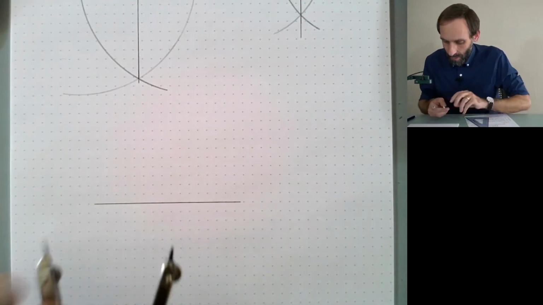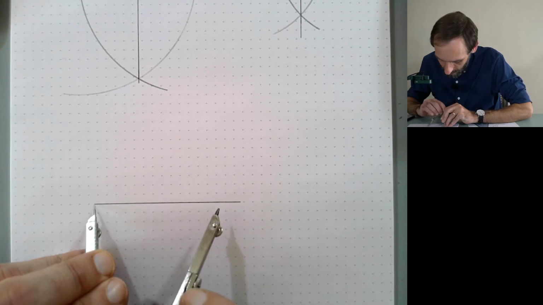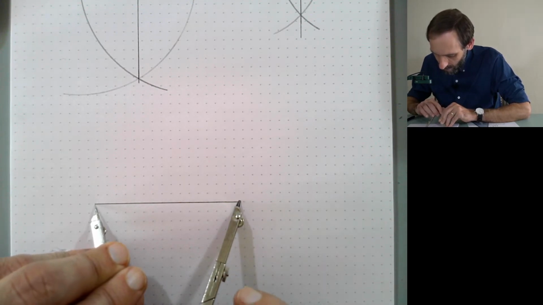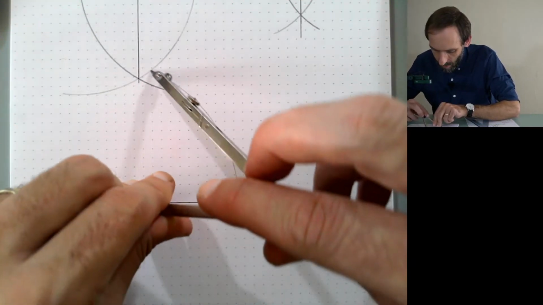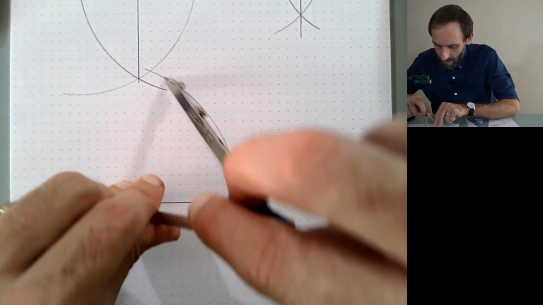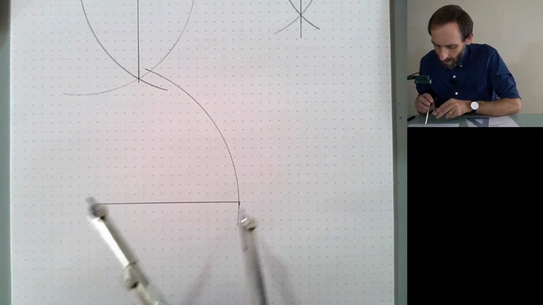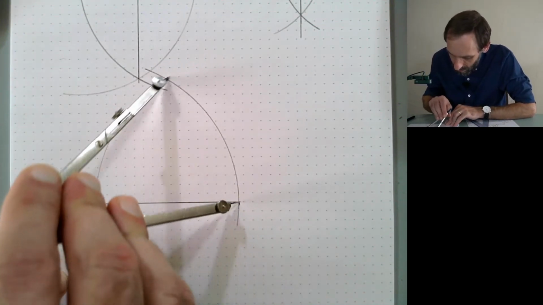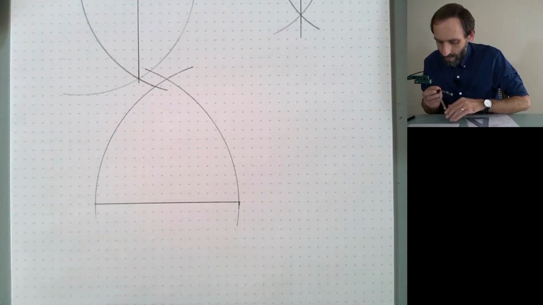And I will once again set the compass to be the length of this segment here. Okay, and I'm going to sort of run into my other construction, that's okay. Draw that arc there, and now I'll center it at this endpoint. Draw this arc right here.